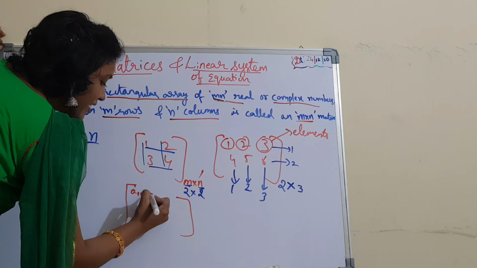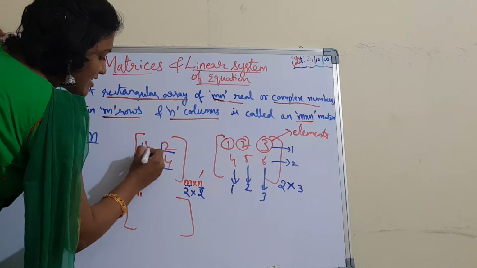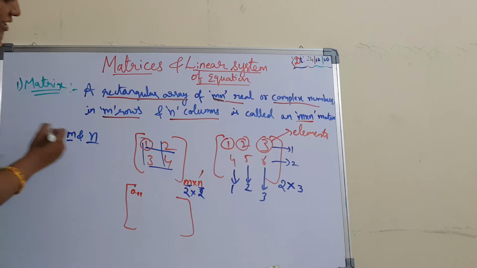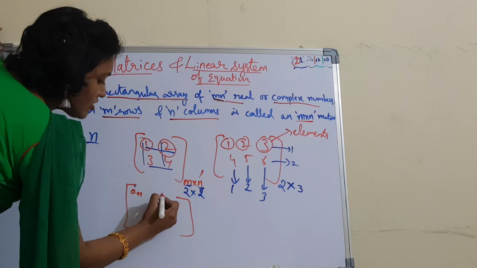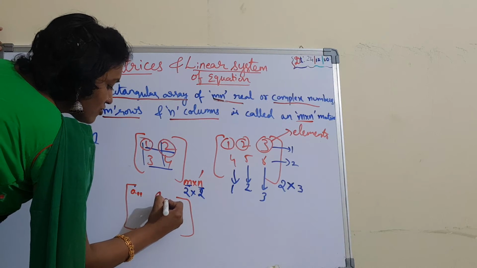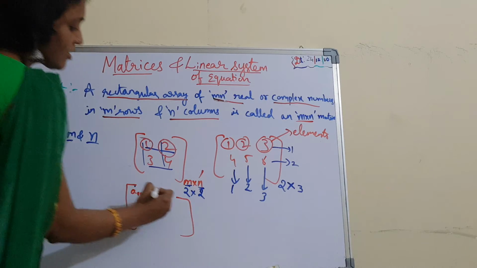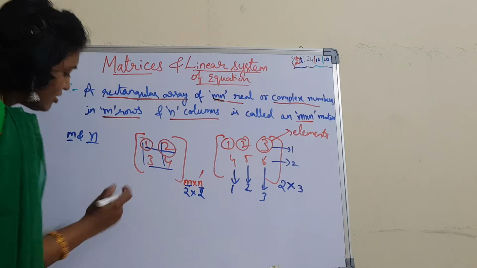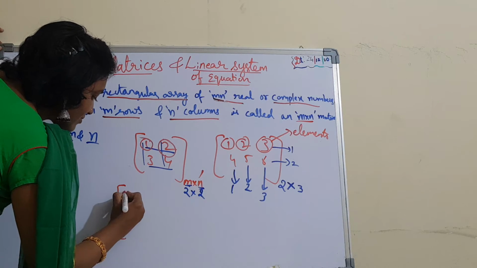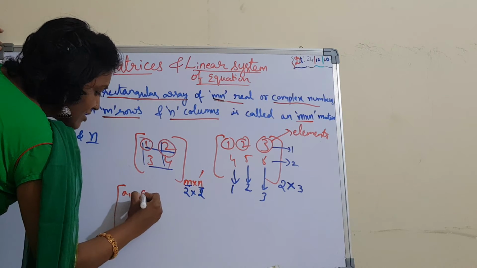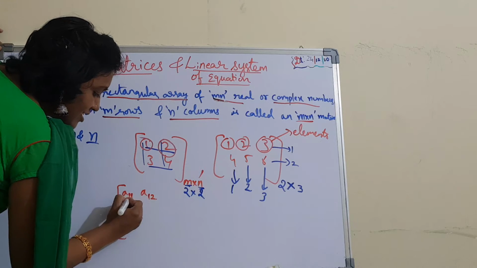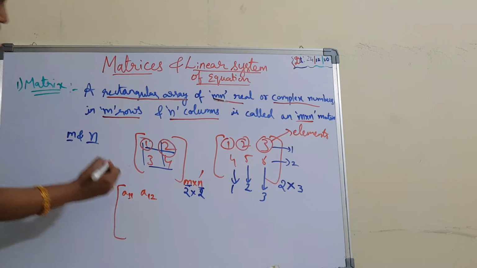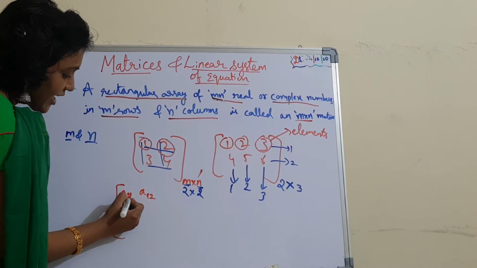The first element we call A11. The second element we call A12. The first row: A11, A12. First row, first column: A11.